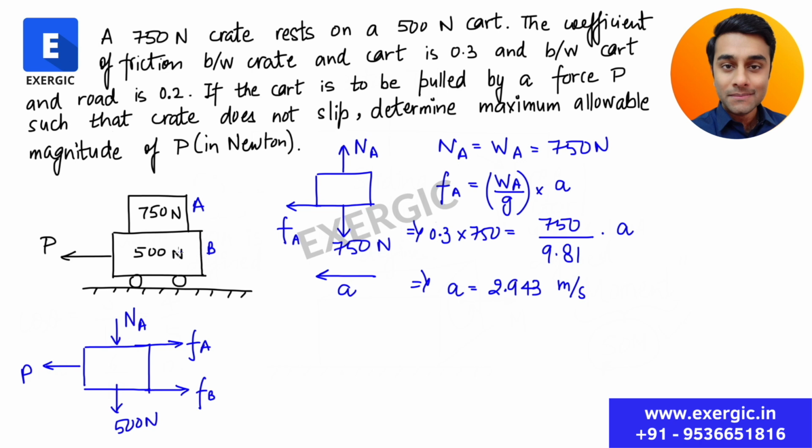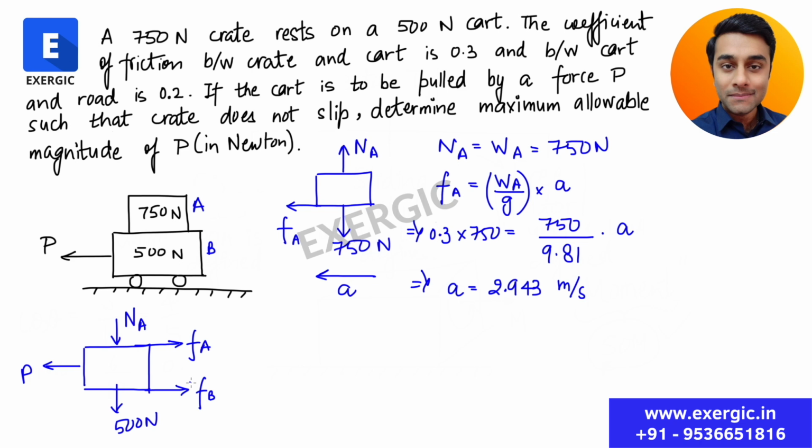Or in other words, suppose you are body B, and there is something kept on you, and we are trying to pull you in some direction. Obviously that body on you will try to apply some friction force on you, in the backward direction. It is the friction of A on B simply. So this is FA, acting in this direction again.